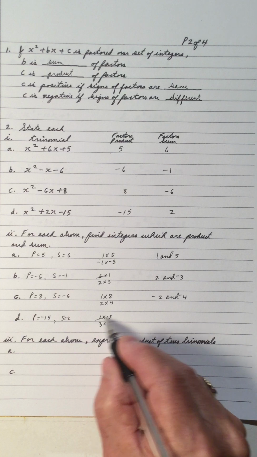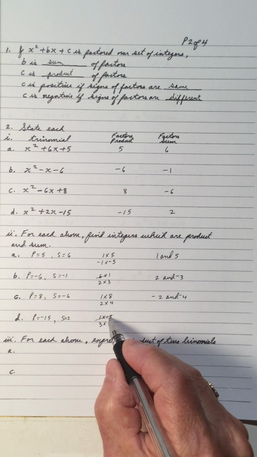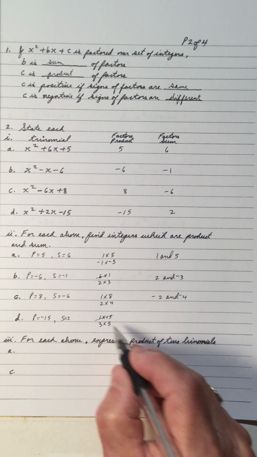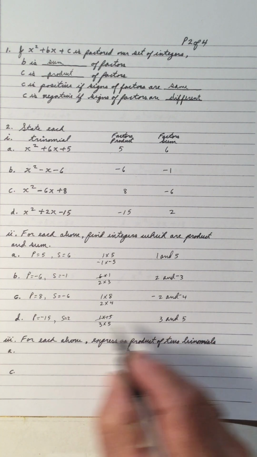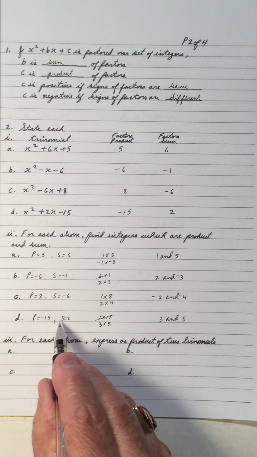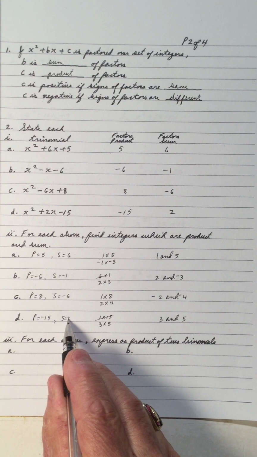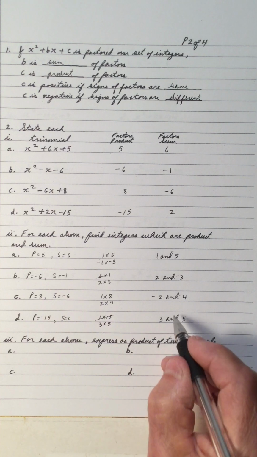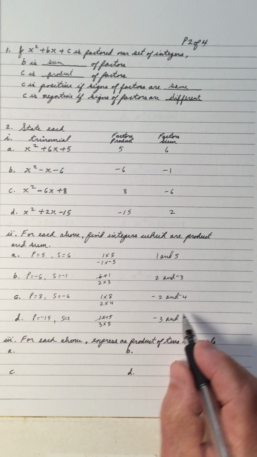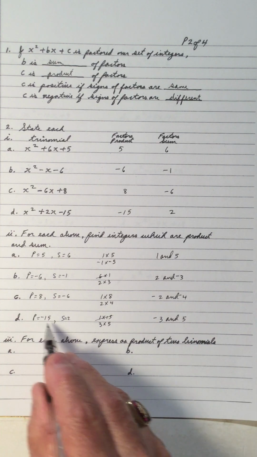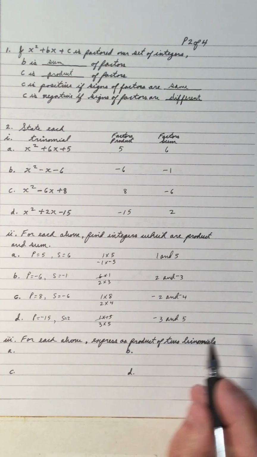So 1 and 15 won't do it, because if you subtract here, you'll get a 14 or negative 14. So it must be a 3 and a 5, but one of them has to be negative. And because the sum is positive, the larger one is positive. So it must be negative 3 plus 5. So multiply, negative 15, add 2.